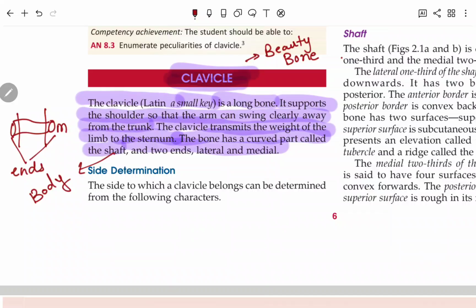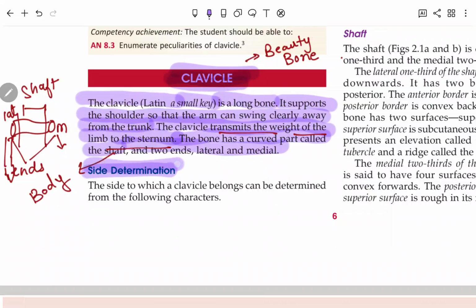Medial is towards the body on the middle aspect, and the lateral end is away from the body, and the shaft. The clavicle transmits all the weight of the upper limb, fingers, shoulder, forearm to the trunk part. It is told here.